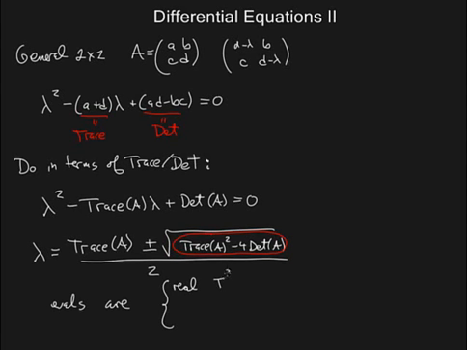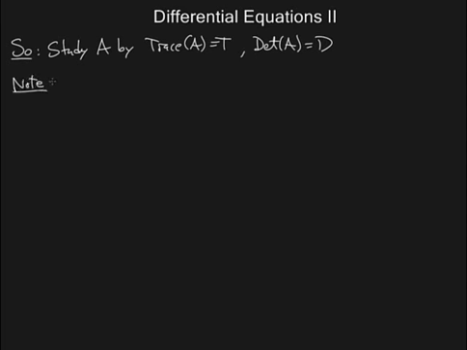So the eigenvalues are going to be real if the trace squared minus 4 times the determinant is greater than or equal to 0, and they're going to be complex if this number is less than 0. So I've abbreviated trace by T and determinant by D. So let's study sort of all 2 by 2 matrices in terms of the trace and the determinant.